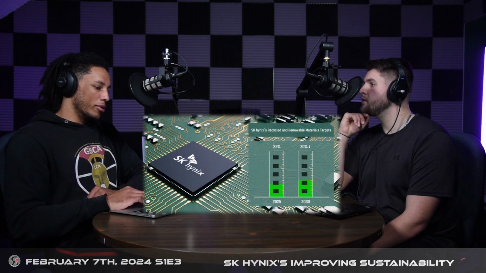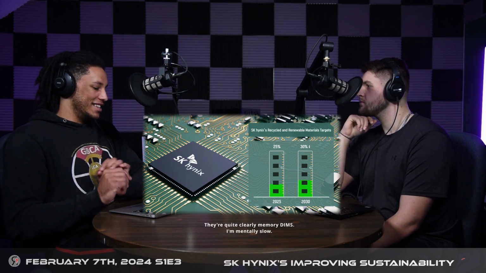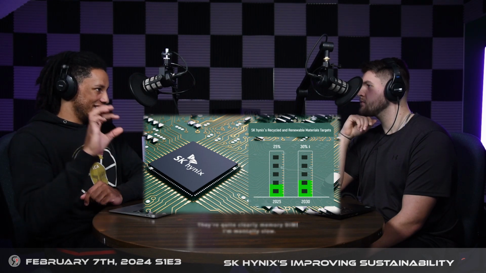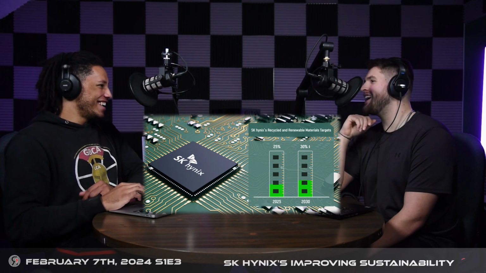SK hynix has an image here, and it's about as simple as you just laid it out. It's quite literally, and in the editing, for those of you watching this on YouTube, I'll provide a pop-up of this so you can see it. It's a picture that states SK hynix's recycled and renewable materials targets, and it's literally just two battery icons, or ruler kind of graphs, and it says 2025, 2030, and it's a 25% and a 30%.